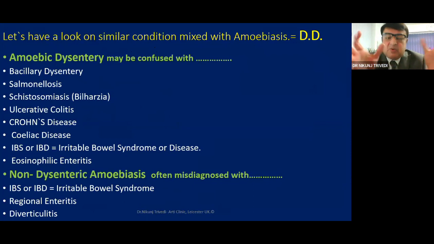A similar picture you might get with bacillary dysentery, salmonellosis, schistosomiasis, ulcerative colitis, Crohn's disease, celiac disease, IBS or IBD, irritable bowel syndrome, and eosinophilic enteritis. Non-dysenteric amoebiasis is often misdiagnosed as IBS or IBD, regional enteritis, and diverticulitis.